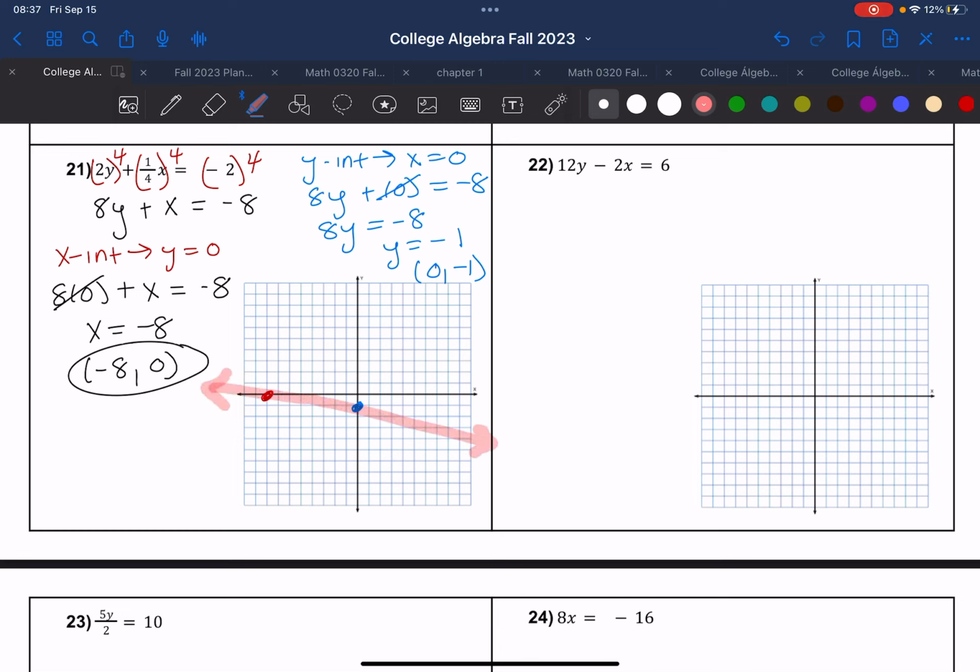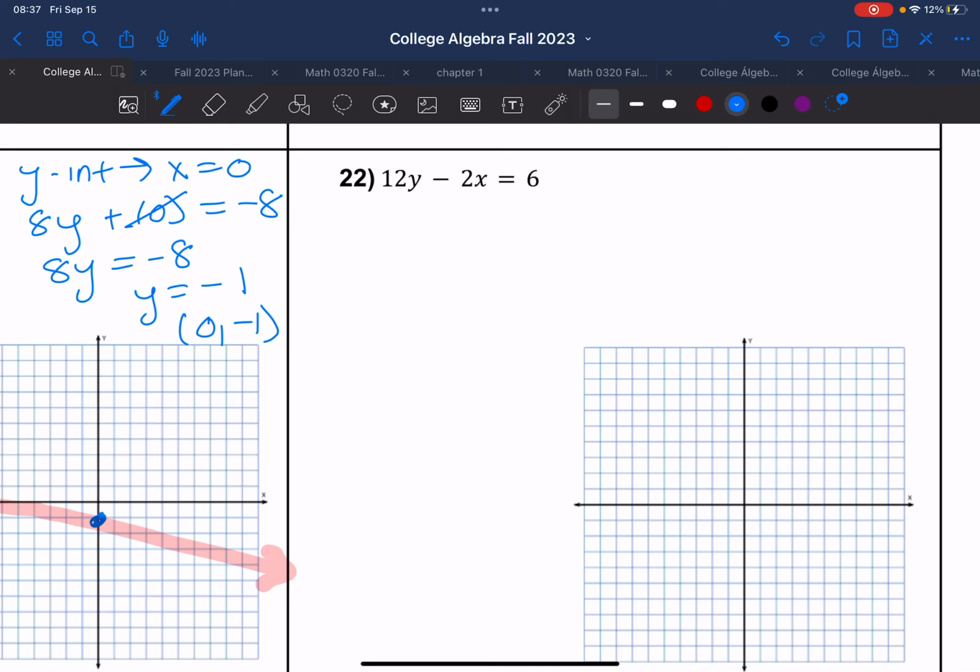Now let's look at 22. Looking at our function in standard form, there are no fractions here, so I'm going to start off by finding the x-intercept. The x-intercept is when y is equal to 0.